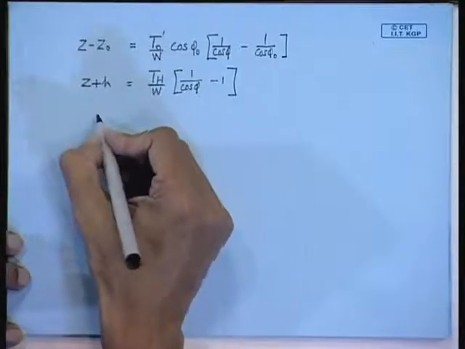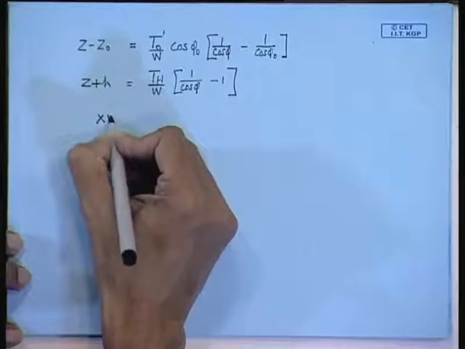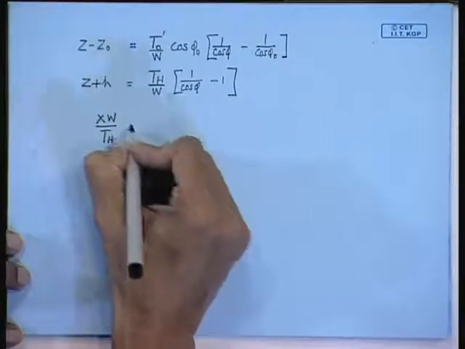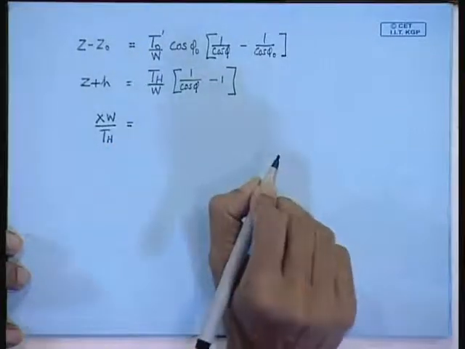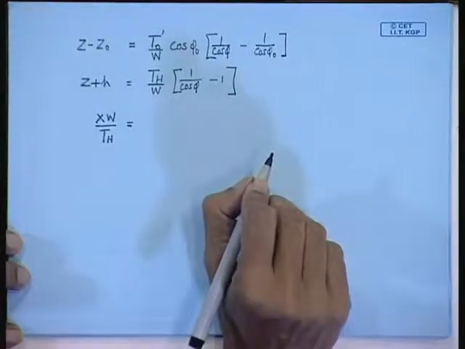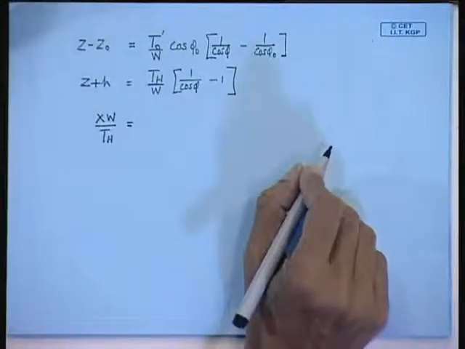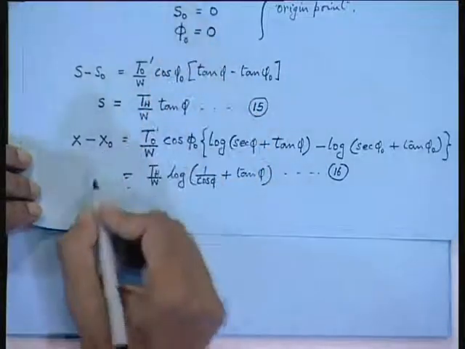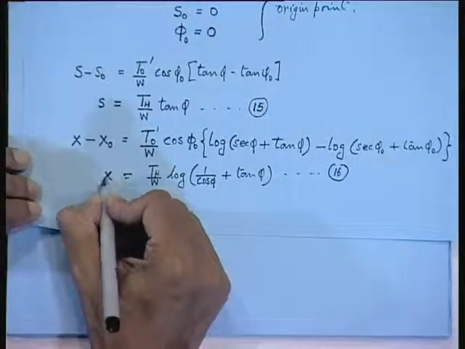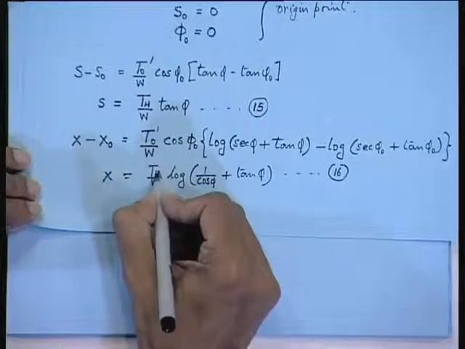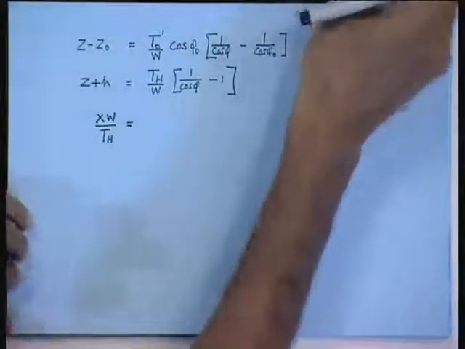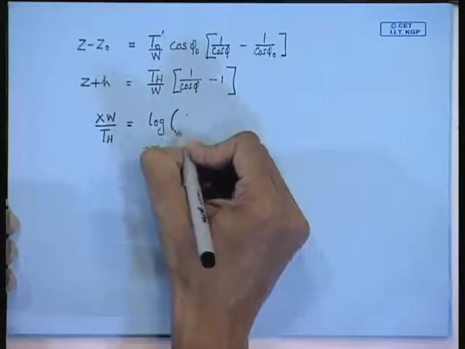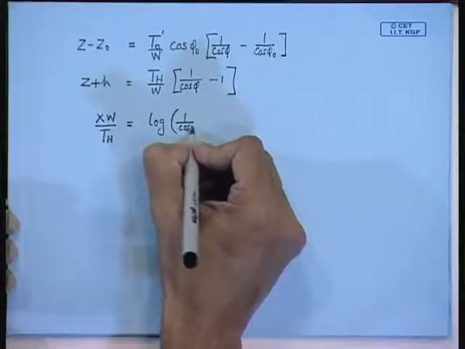Now, what is the formula for x W divided by T h? You use the second equation. Since x 0 is 0, this becomes simply x. So, from this equation you get x W by T h is simply log of 1 by cos phi, that is sec phi, plus tan phi.